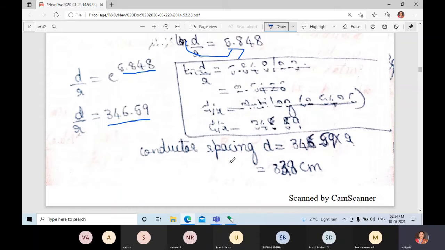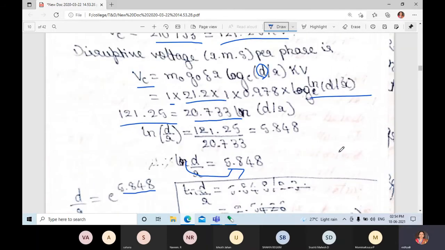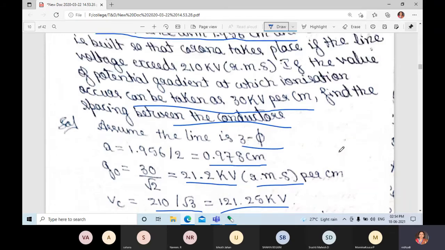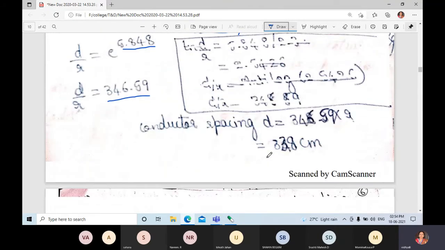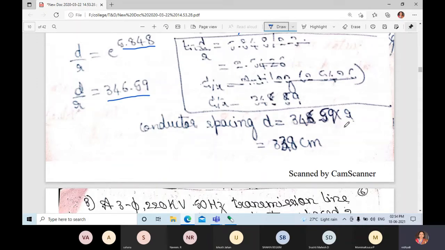So conductor spacing D is equal to 346.59 into R. The R value we got here is 0.978 centimeters. If you multiply 346.59 by the R value, you will get 338 centimeter. This is the conductor spacing D value.